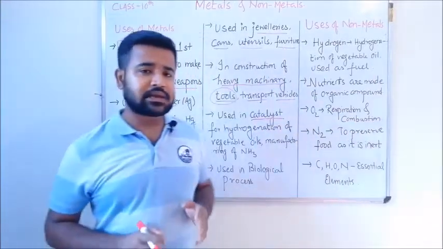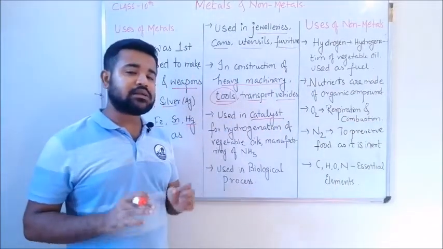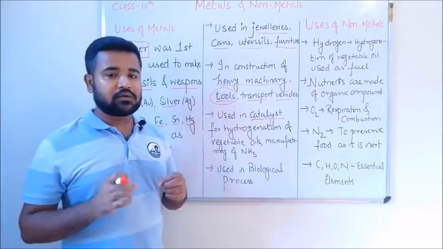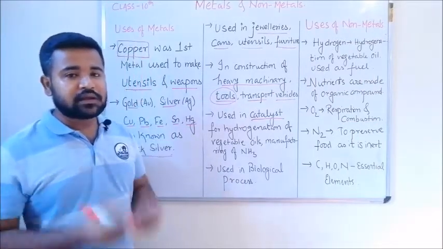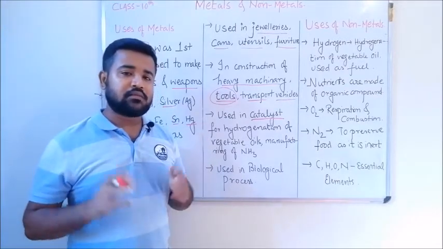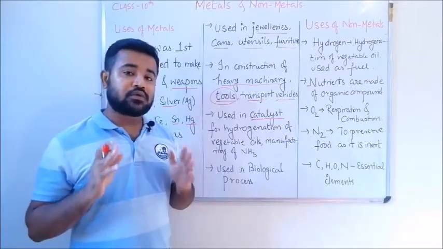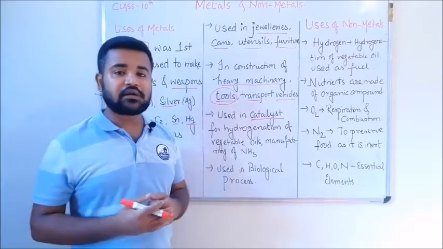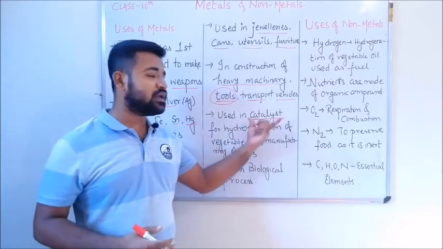The catalyst means the substance which alters the rate of a chemical reaction. For example, some reactions are very slow, so to increase the rate of those chemical reactions, we use a catalyst.